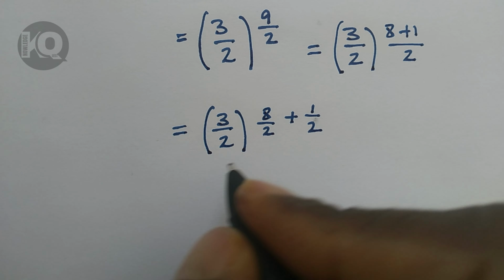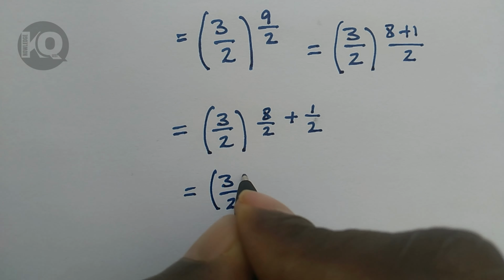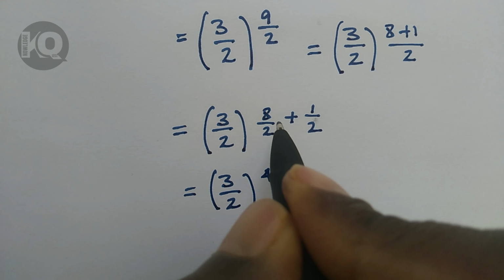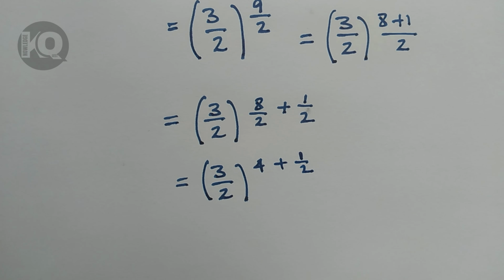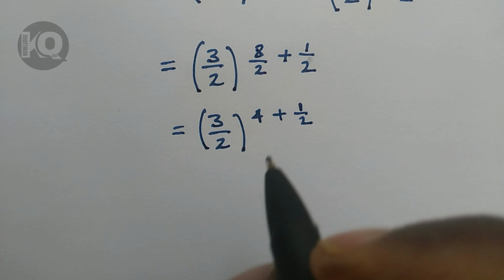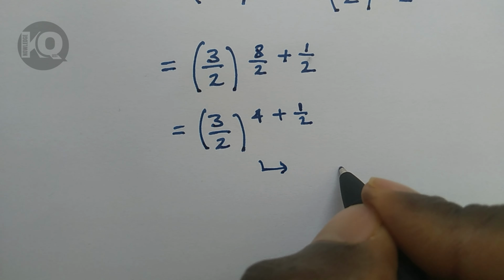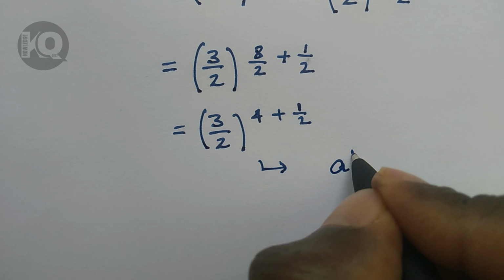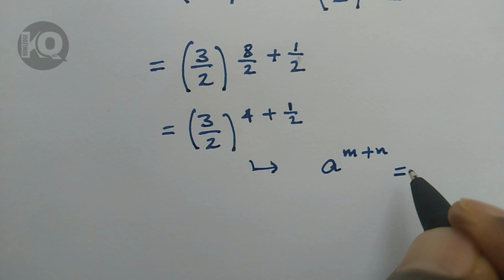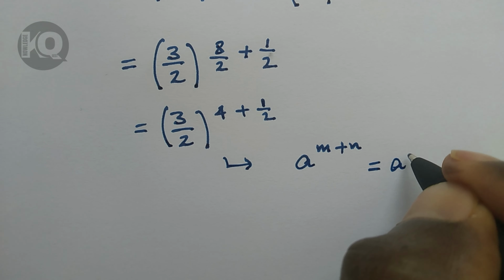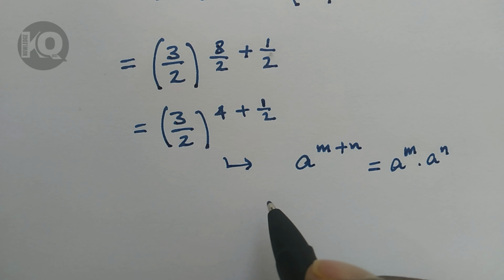Now this will be (3/2) to the power of 4, that's 8 divided by 2, 4 plus 1/2. As you have seen here, this expression is in the form of a to the power of m plus n, and can be rewritten as a to the power of m times a to the power of n.